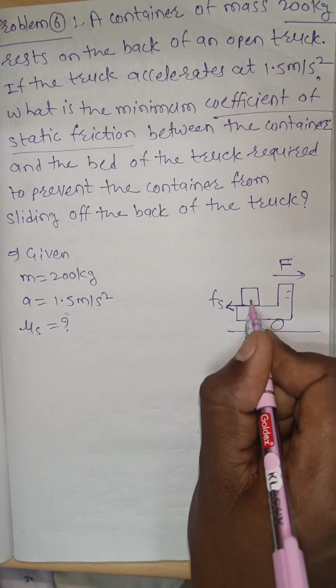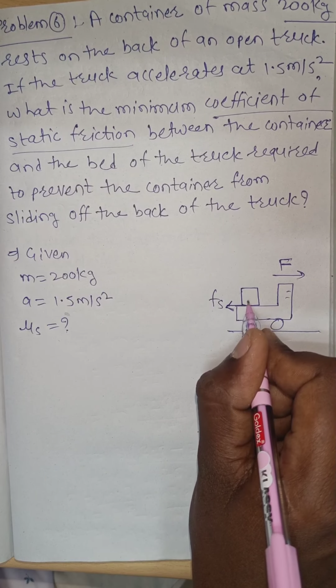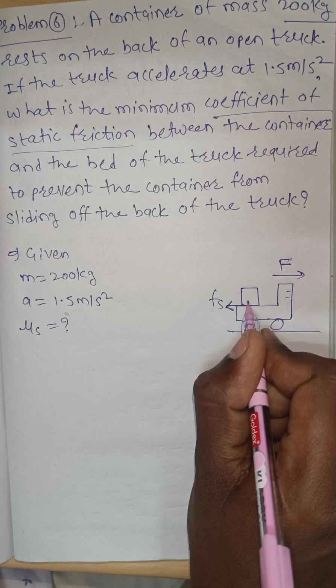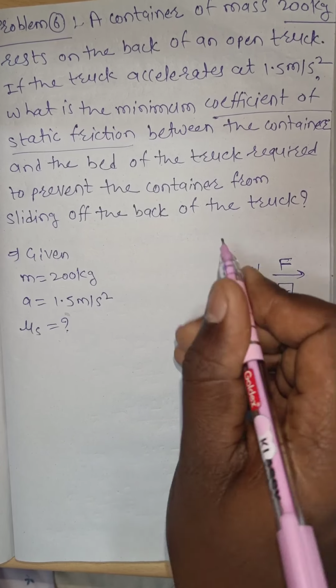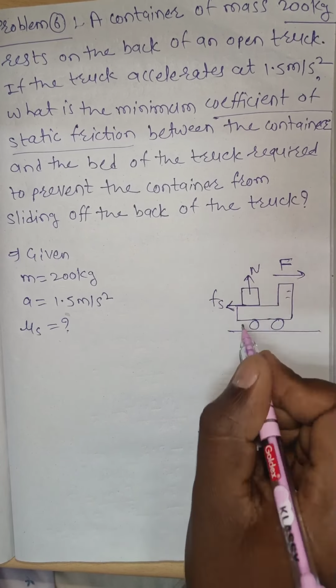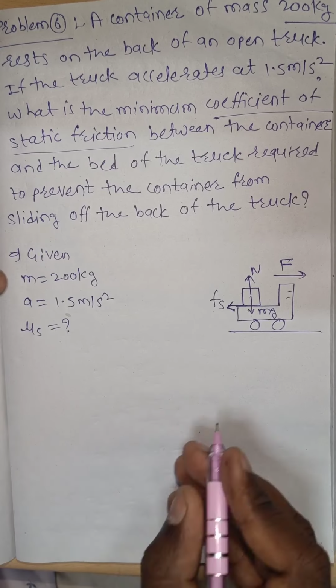Now first of all, how many forces act on that container? On that container, the normal reaction force is in the upward direction and the gravitational force is in the downward direction.